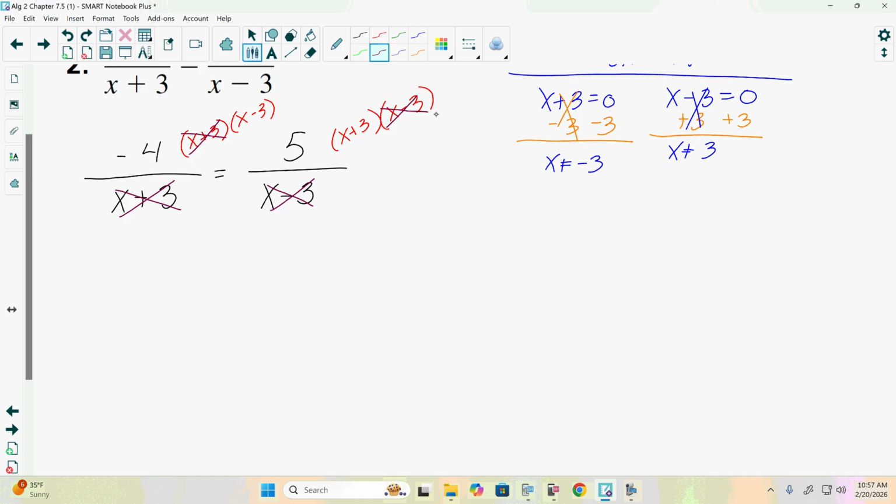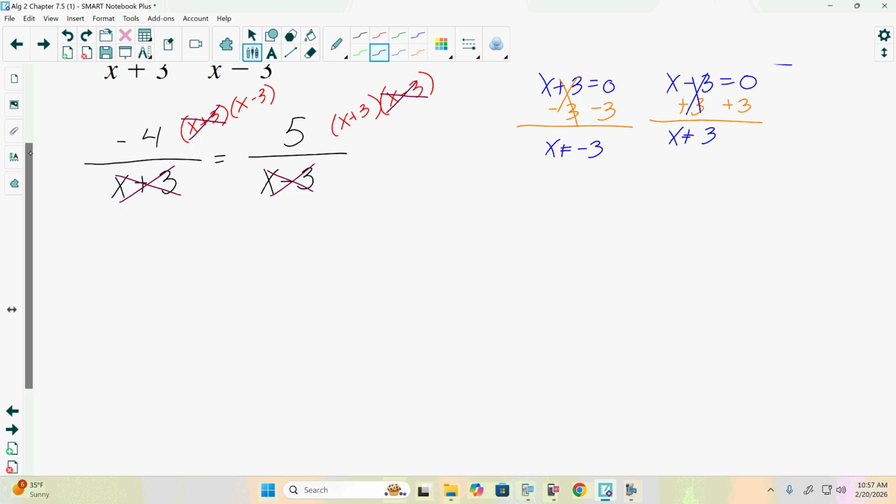Do we have any denominators left? Now all the denominators have simplified. And what that leaves us with is negative 4 times x minus 3 is equal to 5 times x plus 3. So we take it one of those denominators at a time, multiply through to get it to simplify, and go from there.